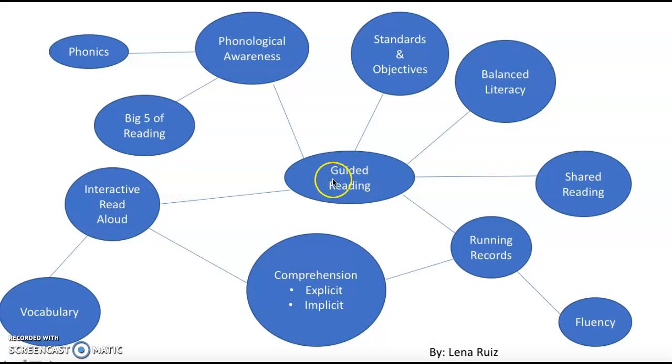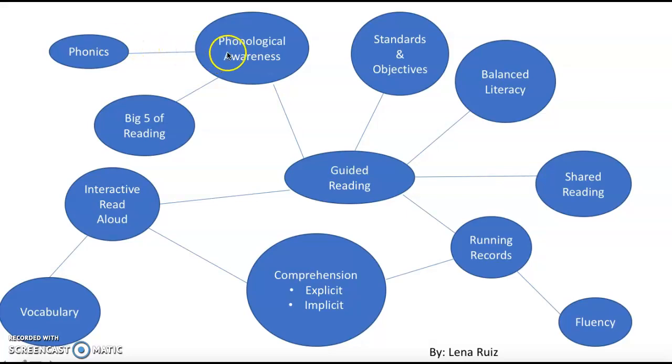So then straight from guided reading, I went straight to phonological awareness because that is also a big component in guided reading, especially in the lower grades. And straight from phonological awareness, I went straight to phonics because phonics ties in perfectly with phonological awareness.